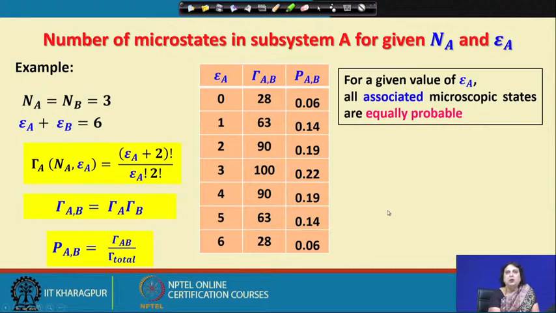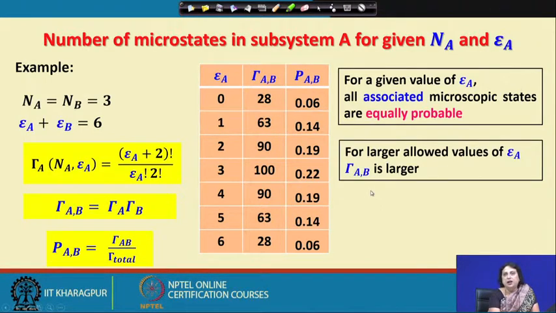So, basically what we learn here is as follows. For a given value of epsilon A, all associated microscopic states are equally probable. For example, if I fix my epsilon A at 2, how many microstates are available to the system? 90 microstates are available, and these 90 microscopic states are equally probable under the given condition.